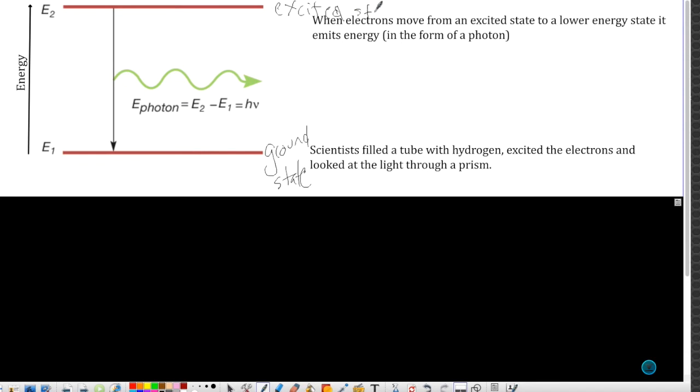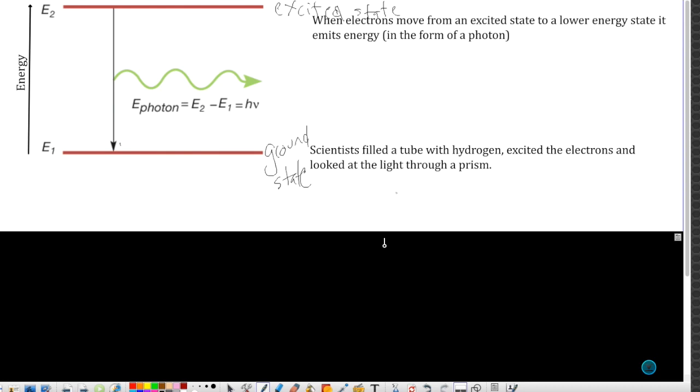When an electron moves from an excited state to a lower energy state, it emits energy, and energy has to be conserved, kind of like mass. So we have to release some energy, and the way that the energy is released is in a photon. The energy of this photon would be equal to the energy of this level minus the energy of this level, or, as we already know, E equals h times nu.